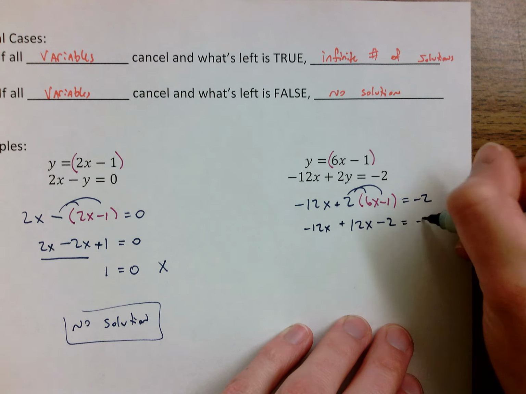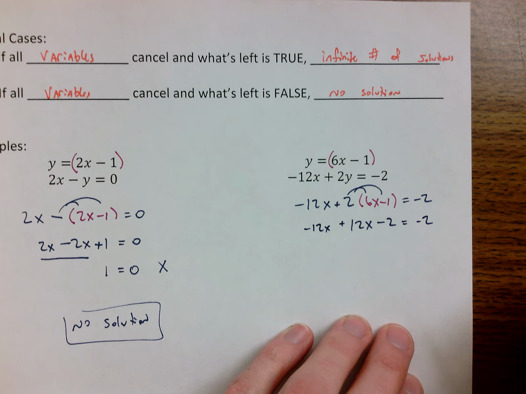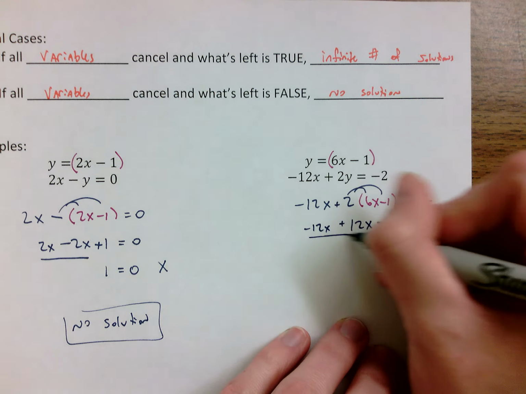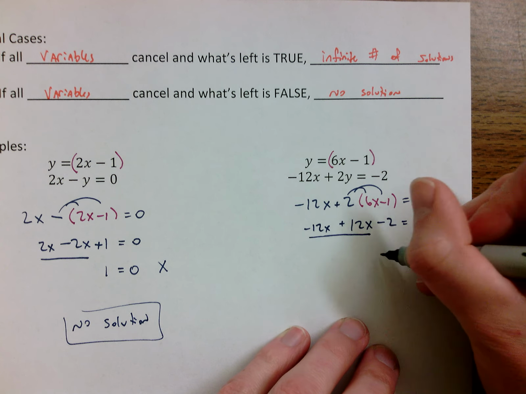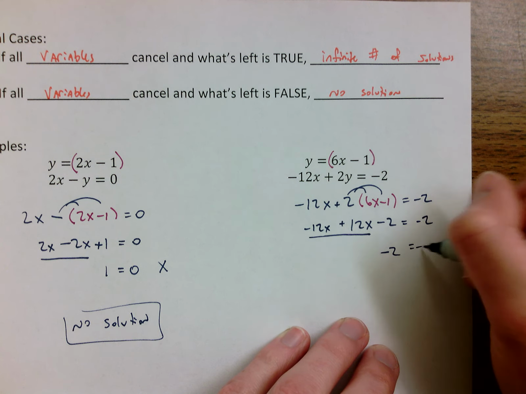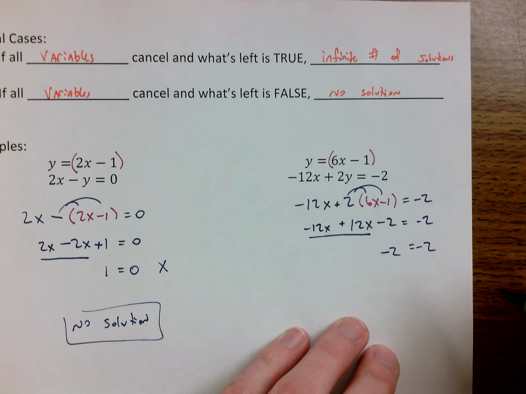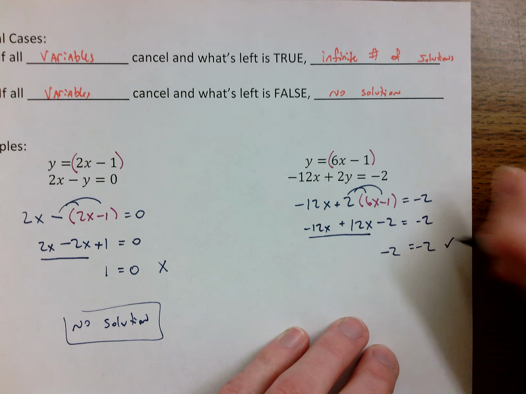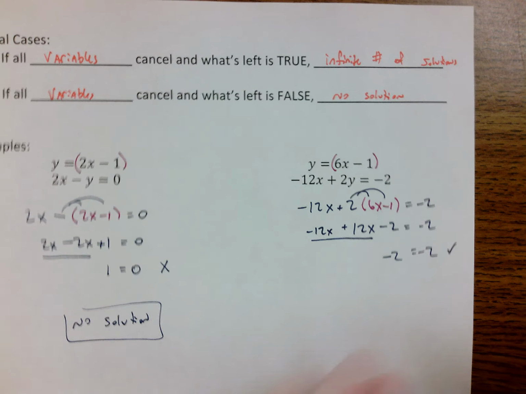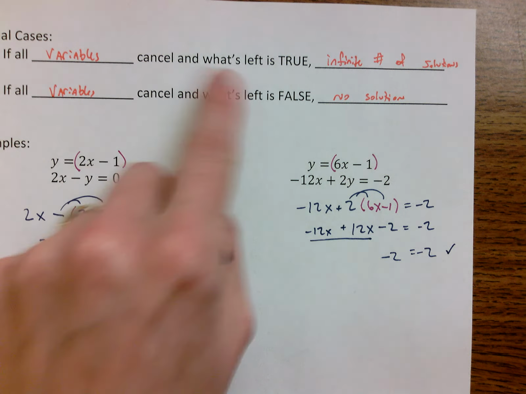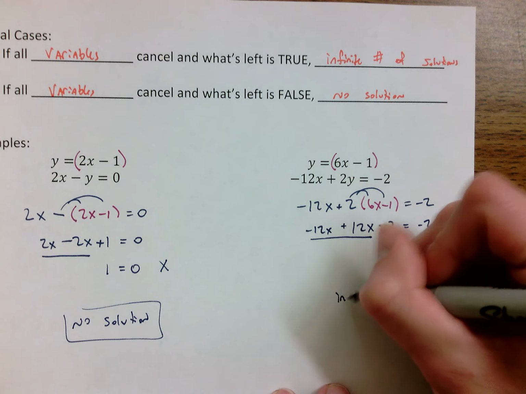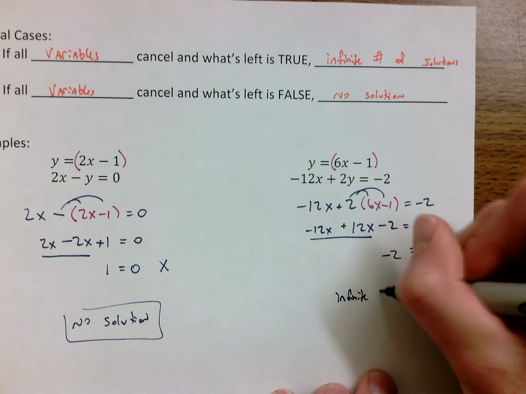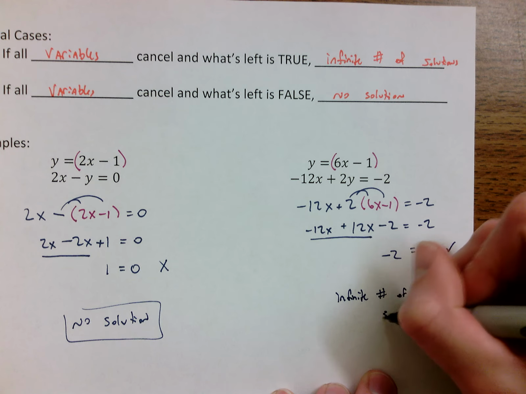Copy everything else down. Okay, and then here, the negative 12x and the positive 12x, they cancel each other out. So what I'm left with is a negative 2 on this side and a negative 2 on that side. And does negative 2 equal negative 2? Yeah. So all of my variables canceled out, and what's left was true. So this one has an infinite number of solutions.